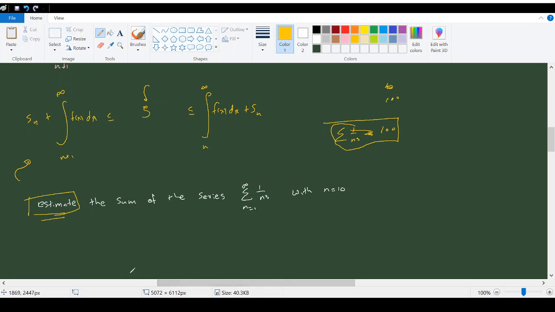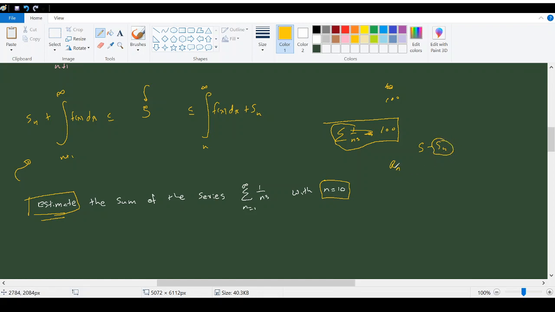Now in the previous video, we used the addition of the first 10 terms and determined the error Rn value. This Rn represents the difference between S and Sn, where Sn is the sum up to the nth term.